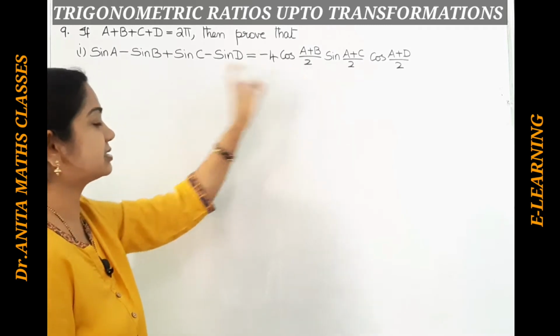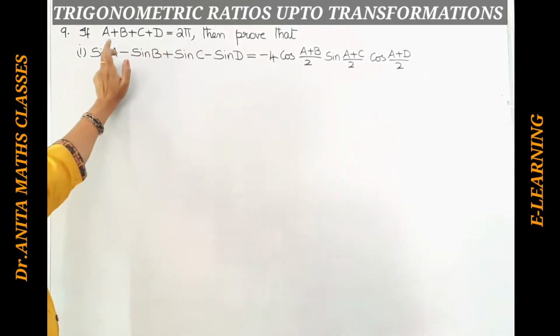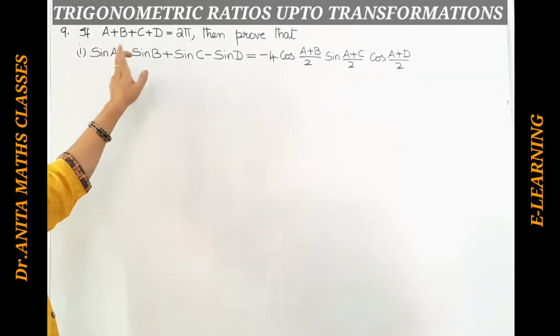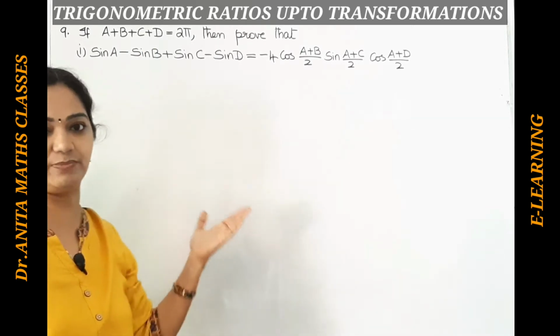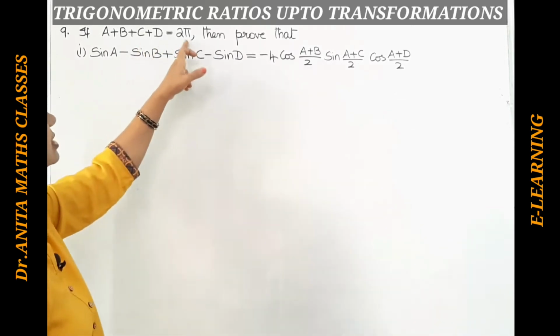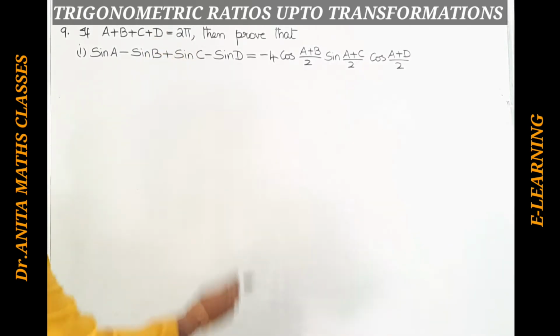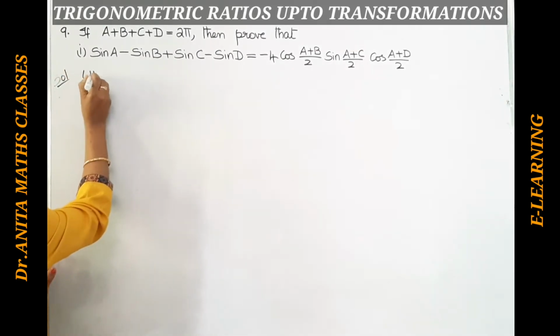See here, this is clearly an LHS-RHS problem, and we have done such problems dealing with A plus B plus C is 0, A plus B plus C is 90 in the 7th and the 8th problem. Now here 360 degrees is given and also angle D is given. Okay, see here. Now we will start, as usual, with the LHS part.